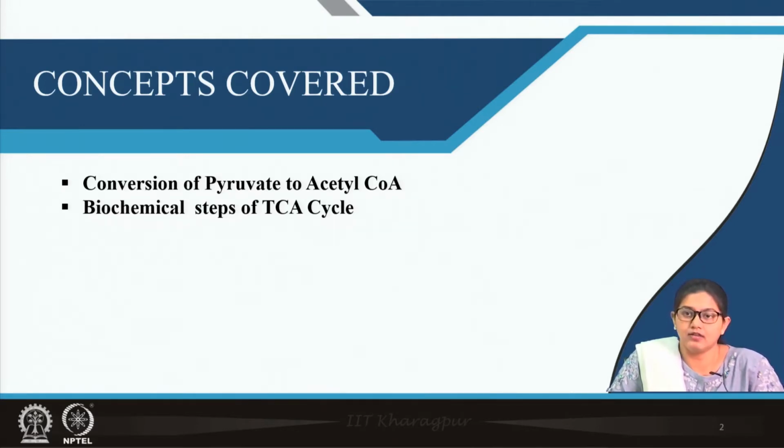In mammalian cells, where the cells are mostly aerobic, this pyruvate enters the TCA cycle by forming acetyl coenzyme A, and then at the end of the TCA cycle there is formation of a few reducing equivalents which are utilized to form energy in the form of ATP in oxidative phosphorylation.